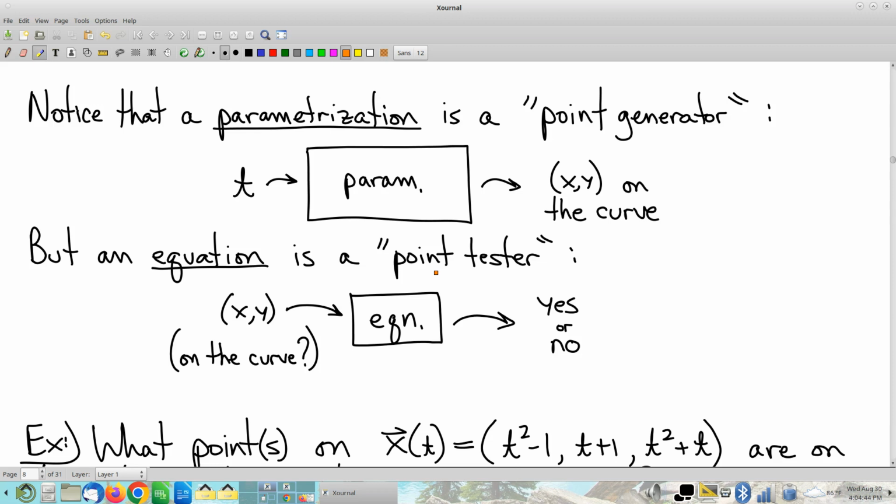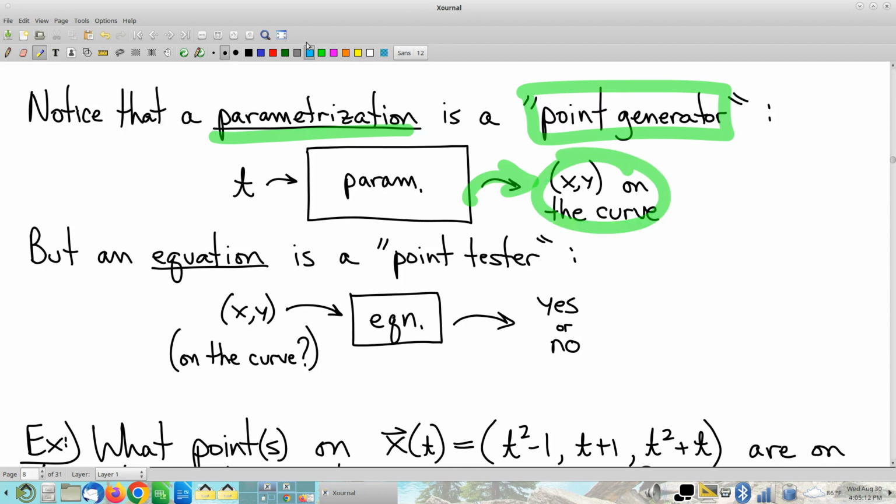So they play similar roles in a way, but there's some big differences. The main difference, as I see it, is that a parameterization generates points. You plug in a value of t and out comes a point on the curve. It literally generates points.